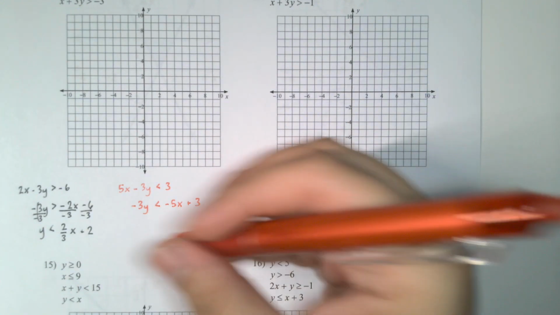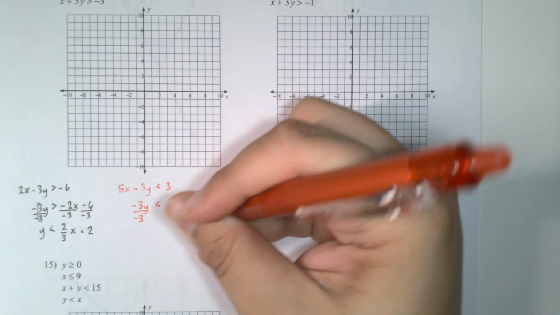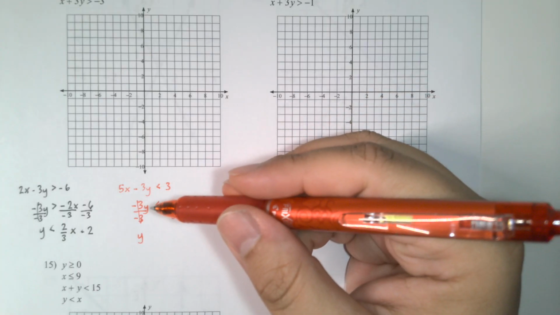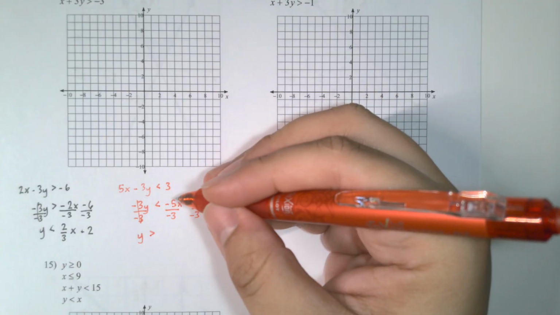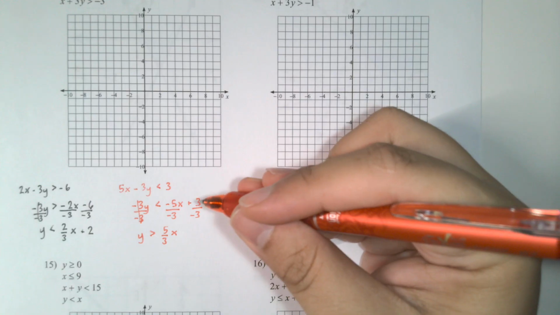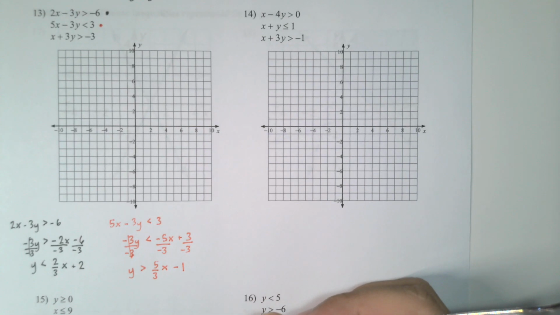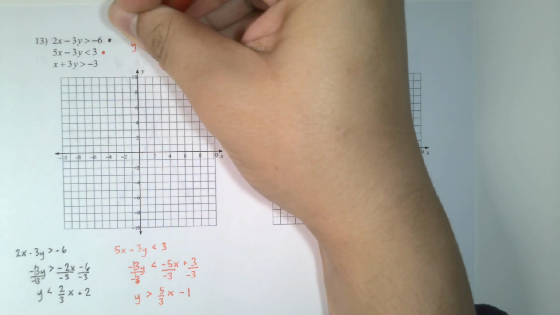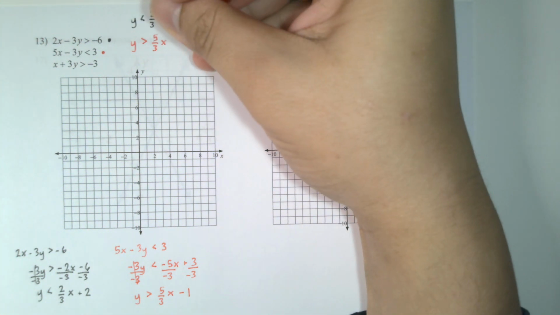And then if I divide by negative 3, I got to divide everything by negative 3. That cancels. I have y. But because I divided by a negative, I do have to flip the direction of this inequality and make this a greater than. The negative 5 over negative 3 is going to be positive 5 over 3, x. And then positive 3 over negative 3 is going to be negative 1. So the next inequality that we have to graph is y is greater than 5 over 3x minus 1.